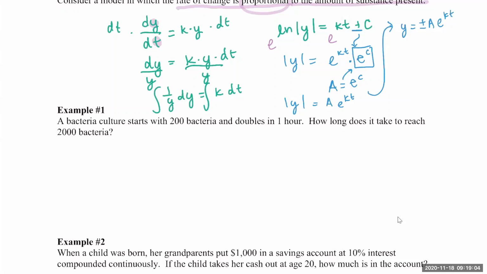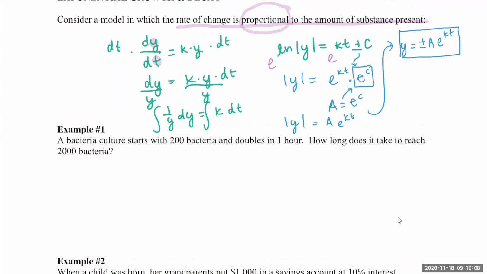So that's going to be the model. If within a problem they start off by saying that the rate of change is proportional to the population, then you can automatically jump from that to that. You don't have to solve that model each time, because that's kind of like a proof of how we get to that model itself.